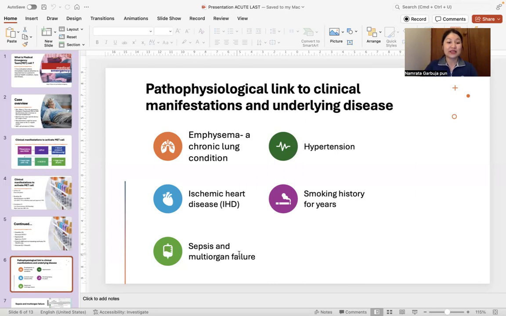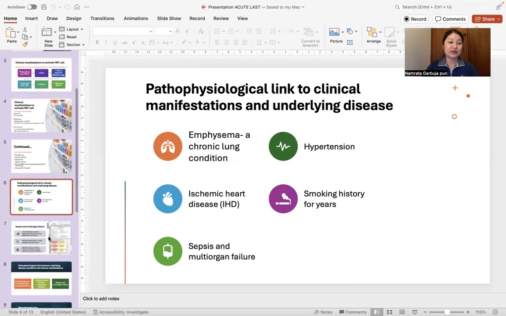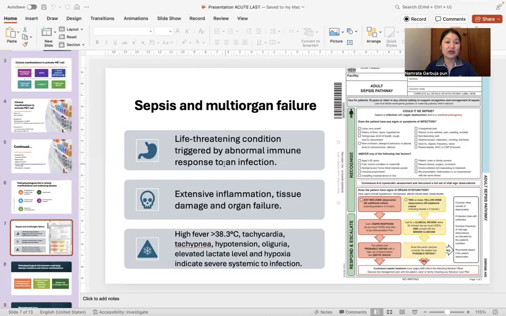Let's talk about sepsis and multi-organ failure. Sepsis is a life-threatening condition, triggered by an abnormal immune response to infection, which leads to extensive inflammation, tissue damage, and organ failure. According to the primary survey and other laboratory findings, it is indicated that she has severe sepsis and multi-organ failure.